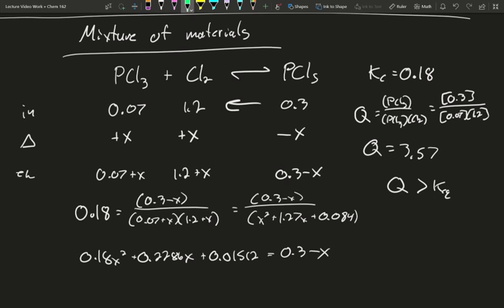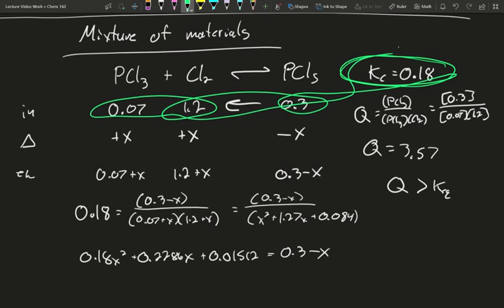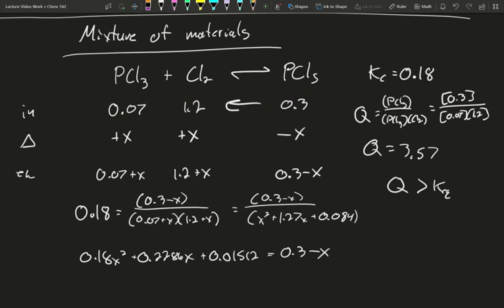Could we have made a simplifying assumption? Well, K is reasonably close to 1, and all our other values are reasonably close to 1, all within a power of ten. It's unlikely that when I divide any of these by K, I get something greater than 400 for its ratio. So really, we could not do the simplifying assumption. All of these values were going to change rather significantly from their original value, and so I do need to go through the quadratic for this.